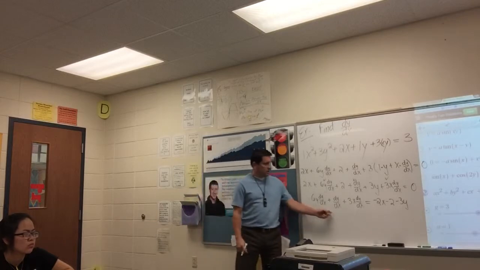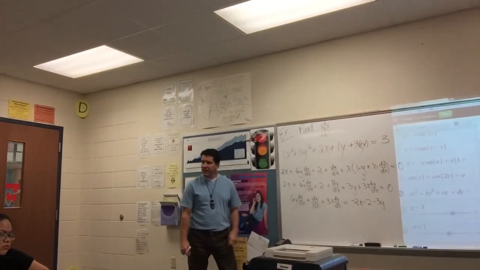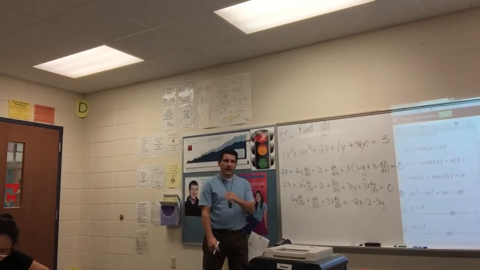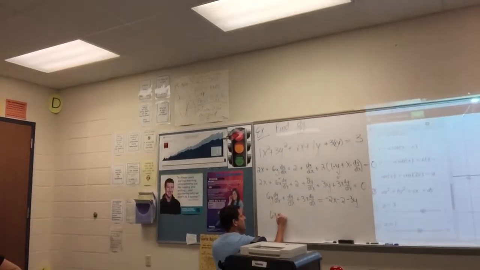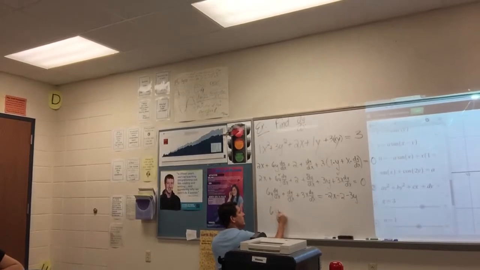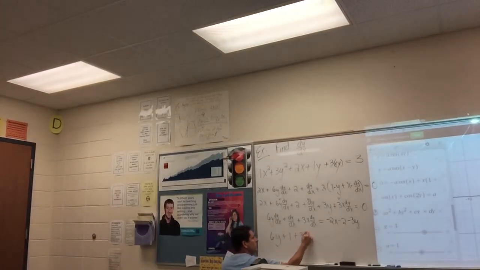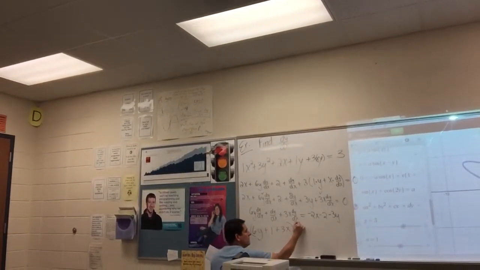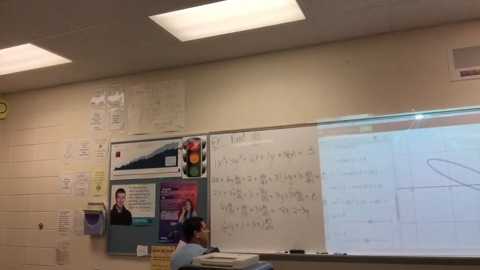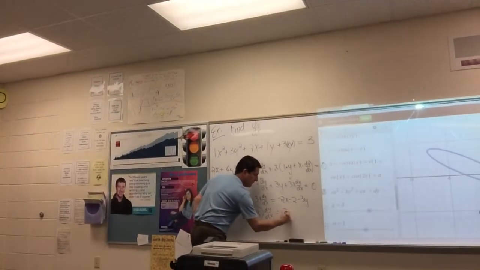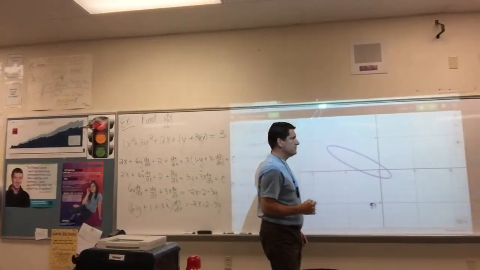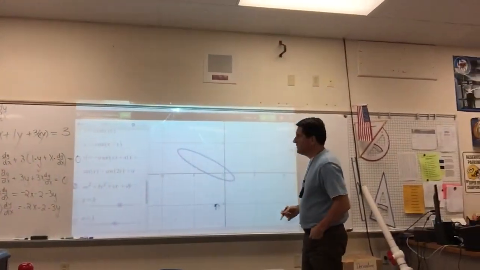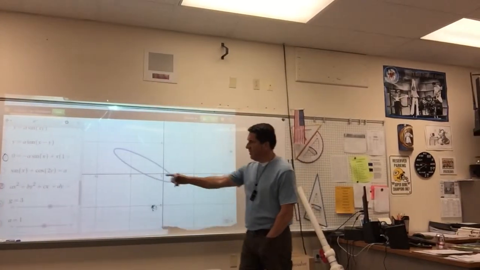Then, since these all contain a dy/dx, we're going to simply factor out the dy/dx and then divide. So (6y + 1 + 3x) times dy/dx is equal to negative 2x minus 2 minus 3y. All I did was factor. Don't forget that 1.